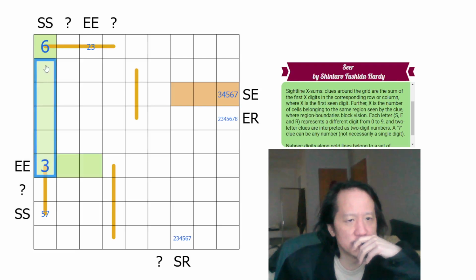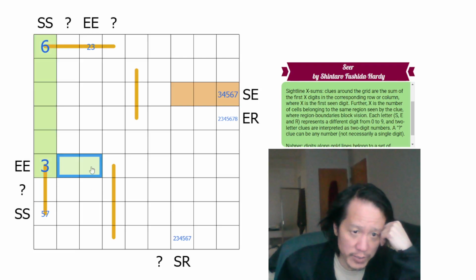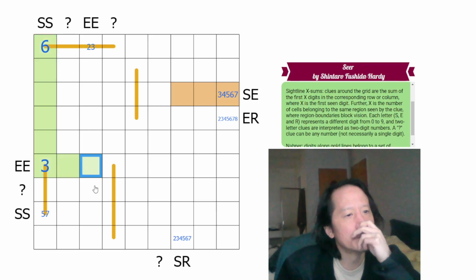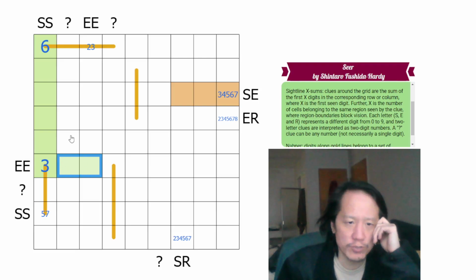So that, okay, so this is 33. This must be 8 then. So this is 41. Right? For these 8 digits, this is 33. This is 11 minus 3, which is 8. So that would be 41. So the last remaining digit in this region would have to be 4.